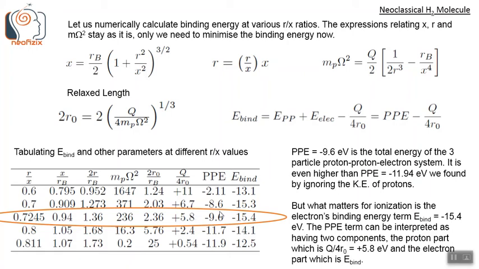So we can consider this total energy term PPE to be made up of two parts: the proton energy part, which is 5.8 electron volts, and the electron binding energy part, which is minus 15.4 electron volts. Adding 5.8 and minus 15.4, we get minus 9.6. Or otherwise, E bind is PPE minus q by 4 r naught.